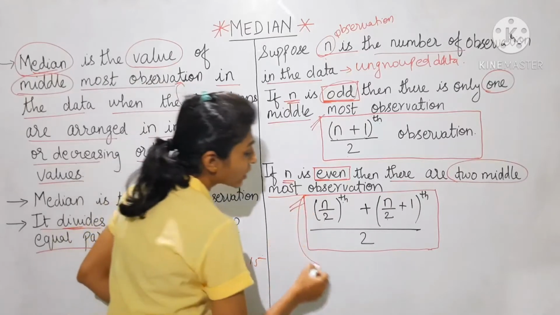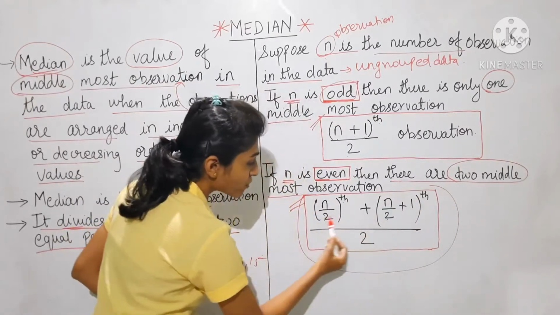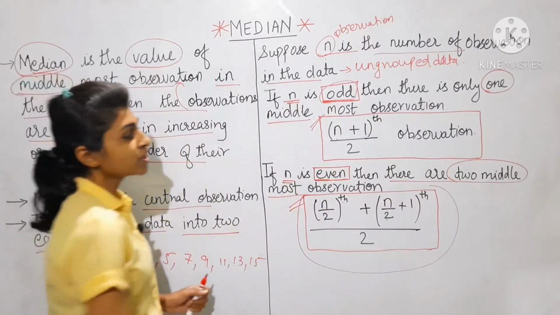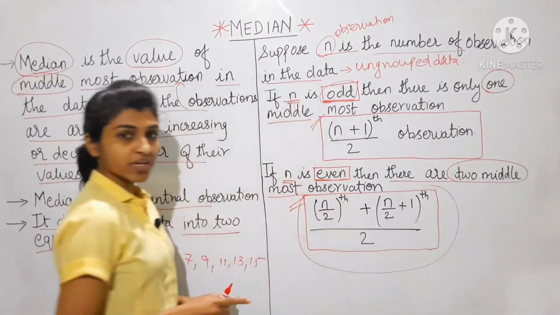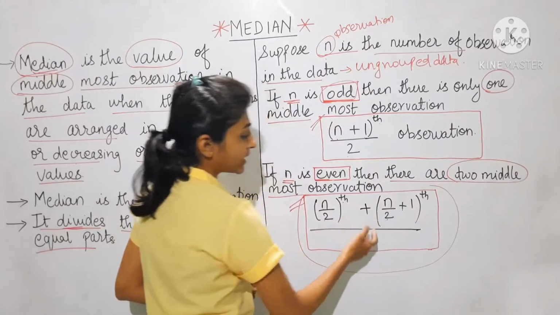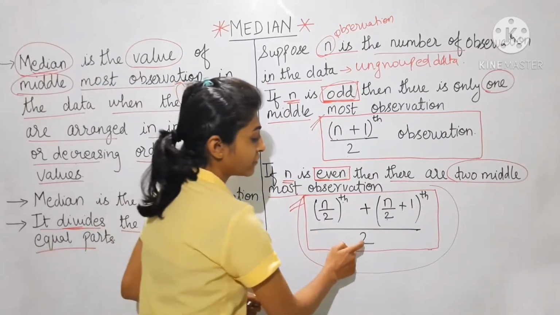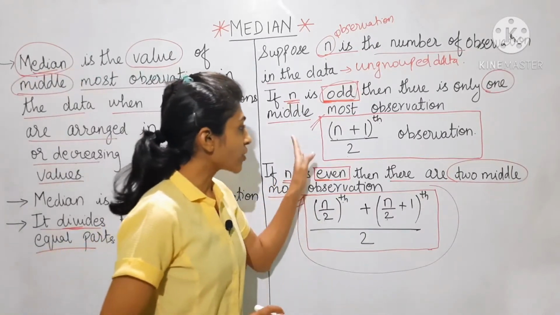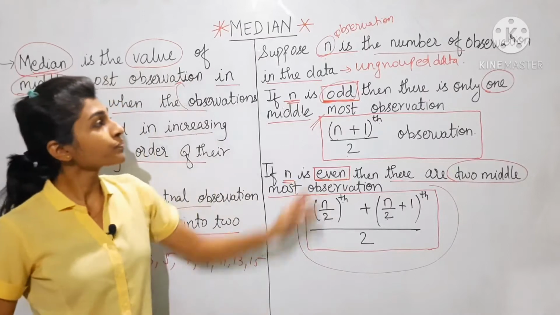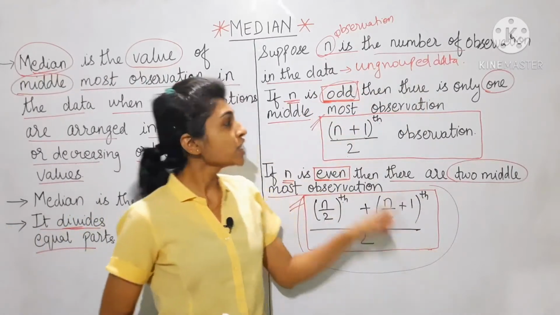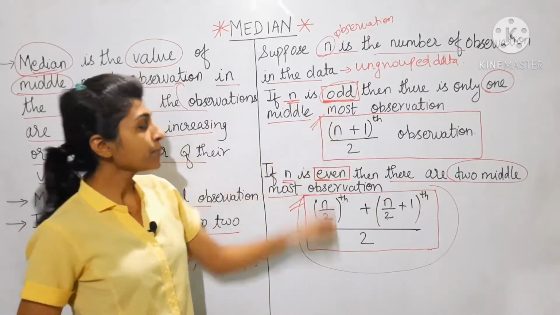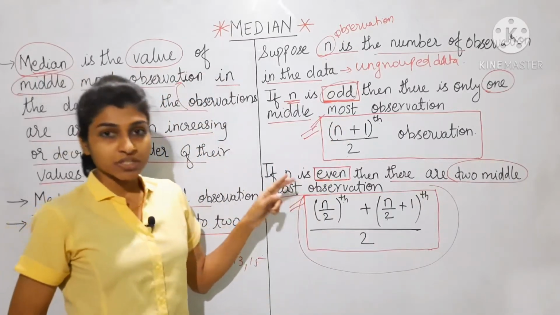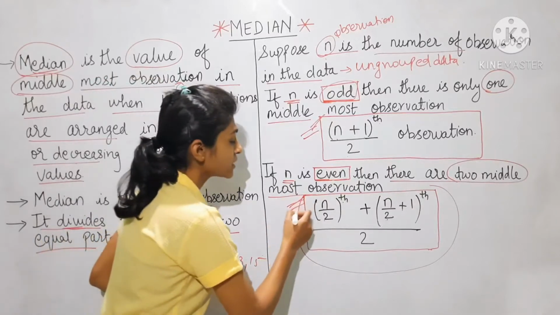We take the average of both observations: we add them and divide by 2. These are the two formulas to find the median for individual observations. If the number of observations is odd we use the first formula, and if it is even we use the second formula.